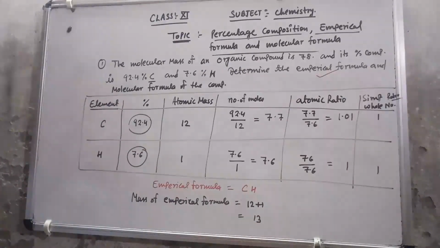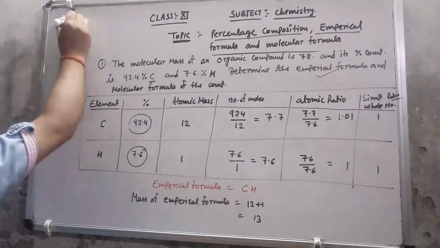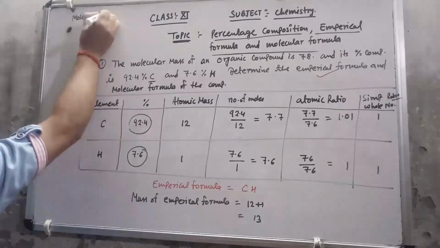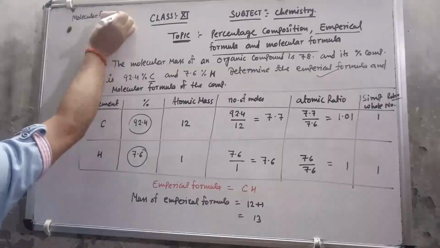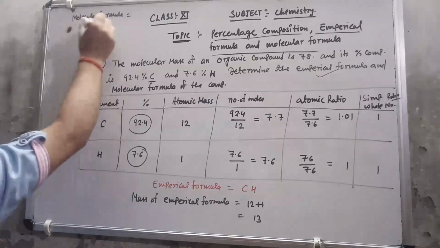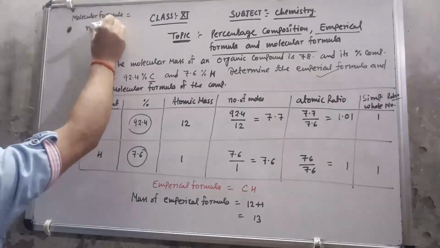Now one relation is there to find the molecular formula: molecular formula equals n multiplied by empirical formula.